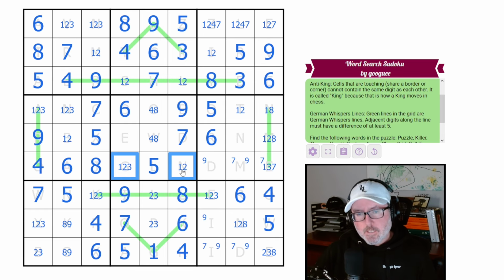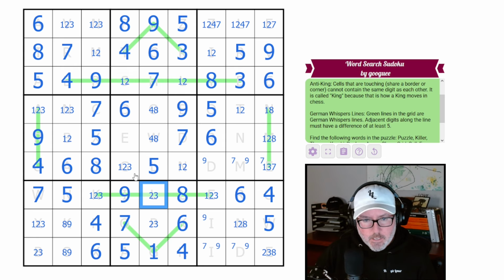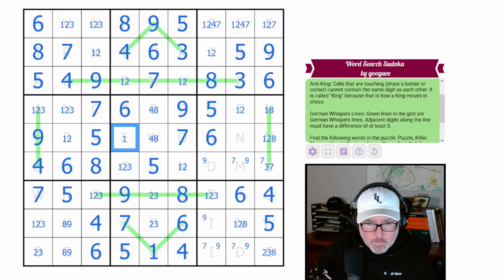I guess we know one of these has to be a 1, right? Because if this was a 2-3 pair, this would break. So that means you're not a 1. Maybe there's something more like that. This is a 1, 2, or a 3. One of you will be a 3. We said one of those was a 3.